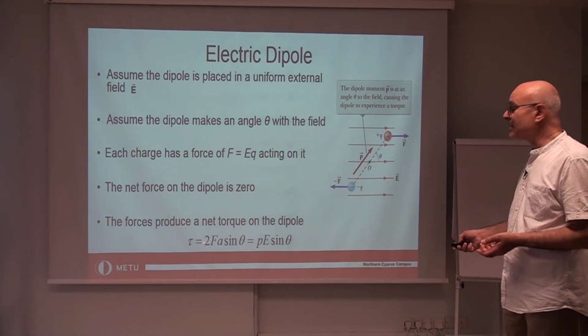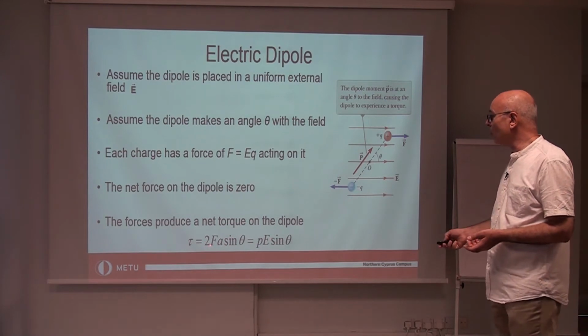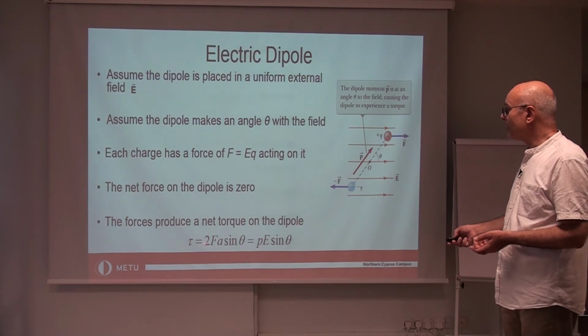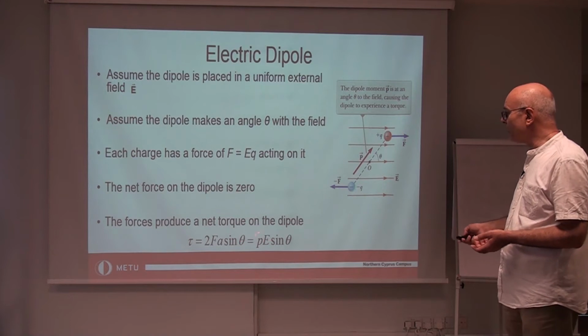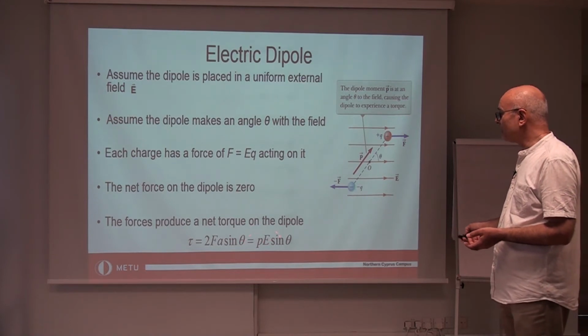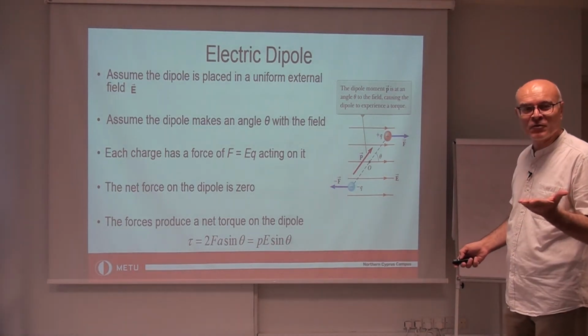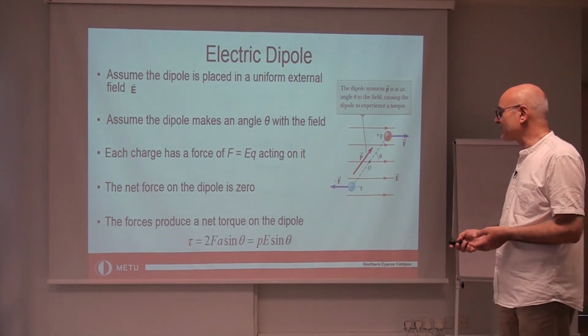And you can express this torque in terms of the dipole moment, the magnitude of the dipole moment, where expressing F as QE, then in this case 2aQ will be p, so you express the torque in terms of the electric field and the dipole moment. This is why we introduce the electric dipole moment. Actually, it becomes an elegant expression, as you can see.